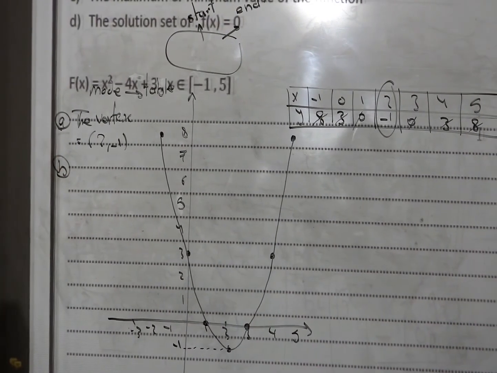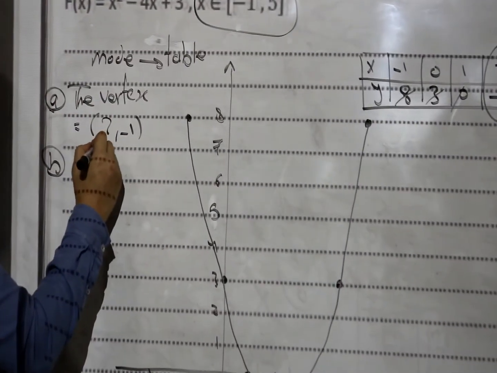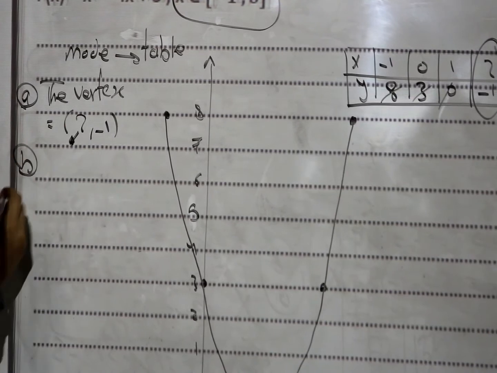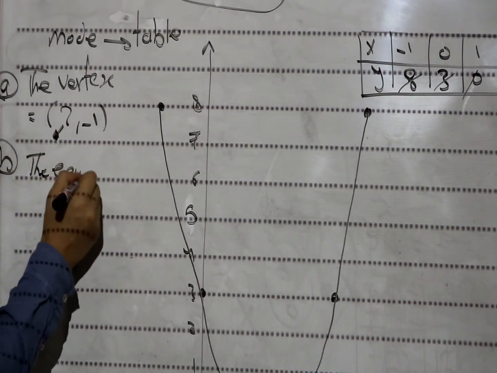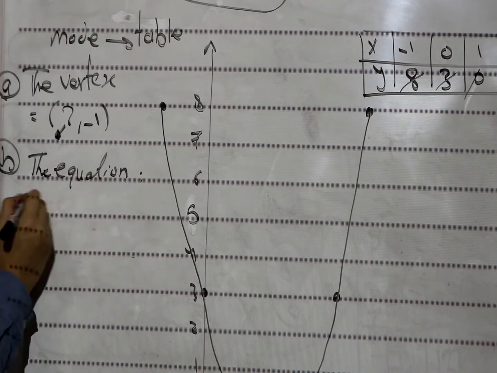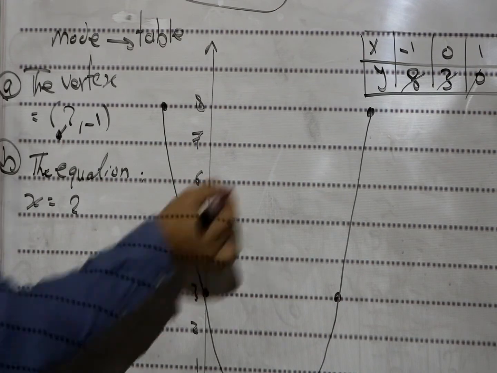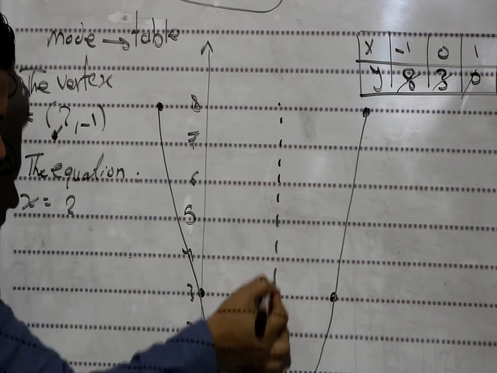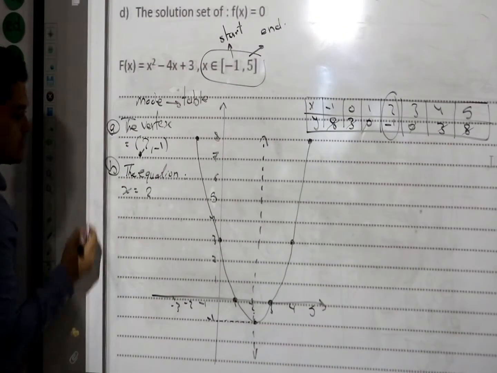B, we need the equation of the line of axis of symmetry. Already we got it from the x-axis, so the equation will be x equals what? Equals 2. The equation of the line of axis of symmetry from your graph is x equals 2.